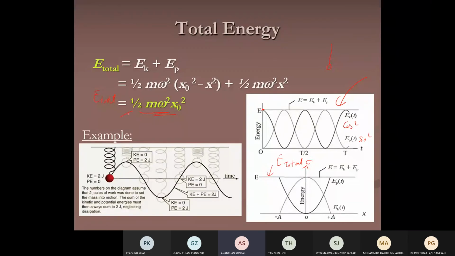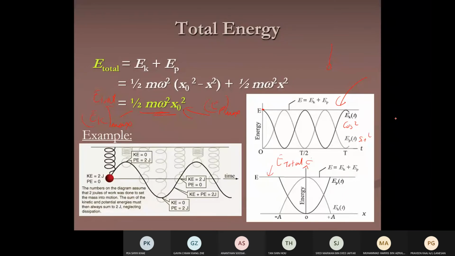Okay, this formula is also for EK max. EK max is also half m omega squared x naught squared. And this formula is also for EP max. EP max is also half m omega squared x naught squared. So EP max, EK max, E total, same formula.